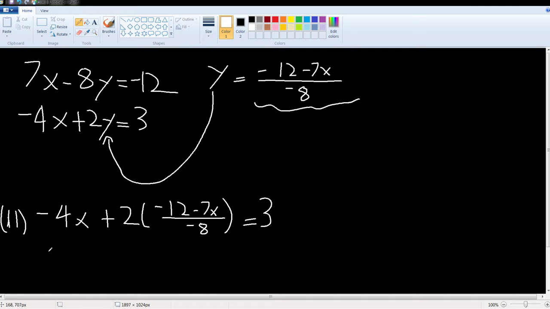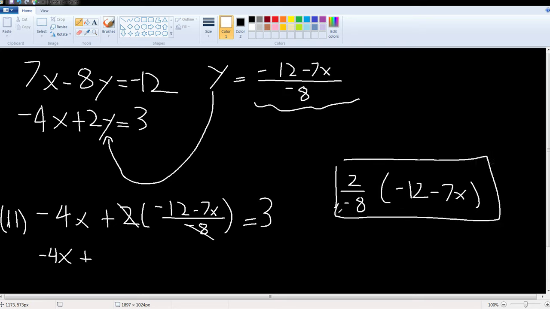So in order to solve for it, let's simplify. We still have -4x plus, distribute the 2, right? But we also realize that there's a -8 here. So instead of distributing 2, we could factor these things, because this is the same thing as 2 over -8 times -12 minus 7x. So this stuff right here is the same thing as the stuff right here.